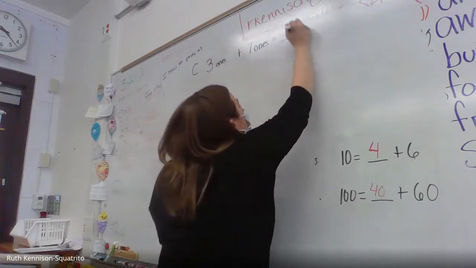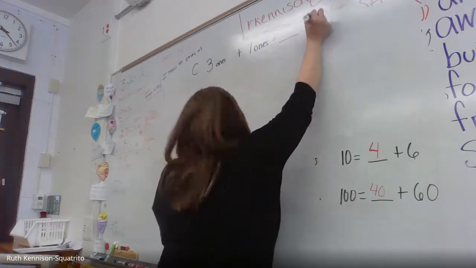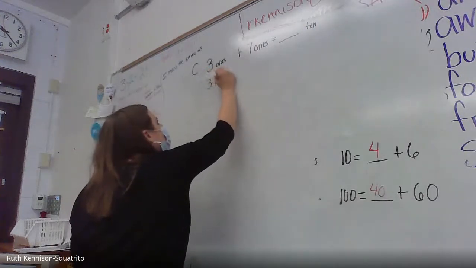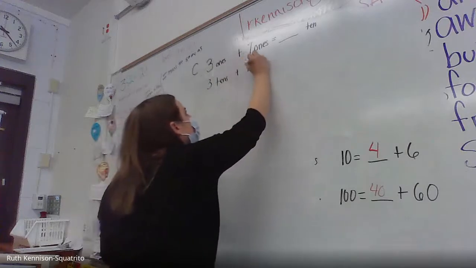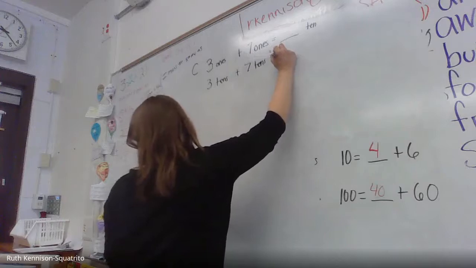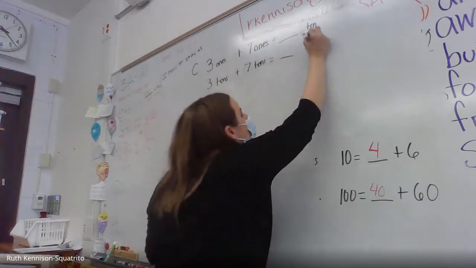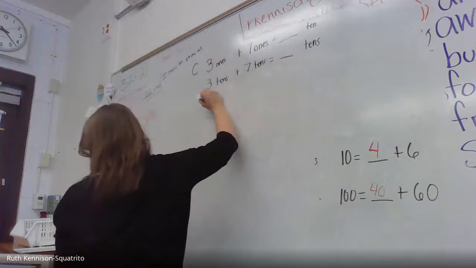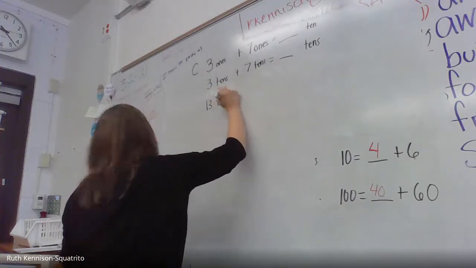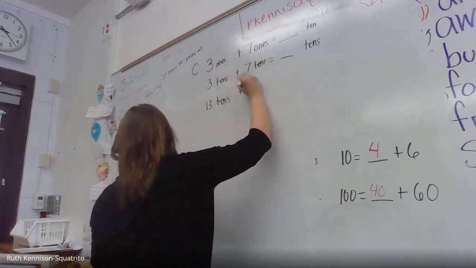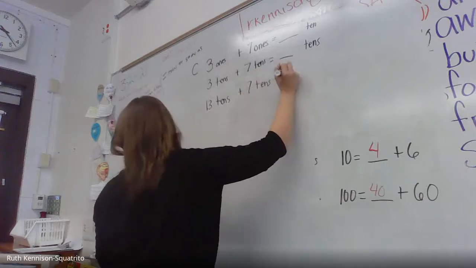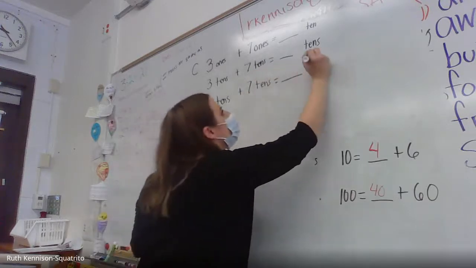Okay. 3 tens plus 7 tens. What? I'm confused. I was going to say 17 equals blank.